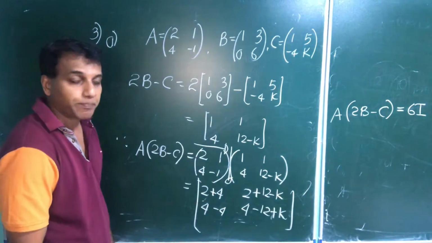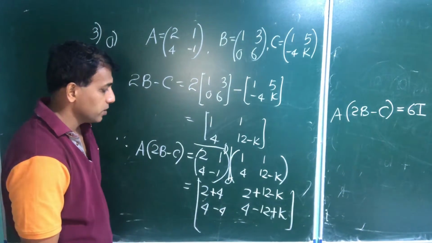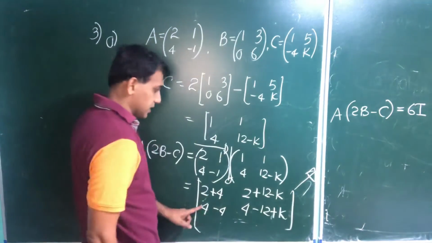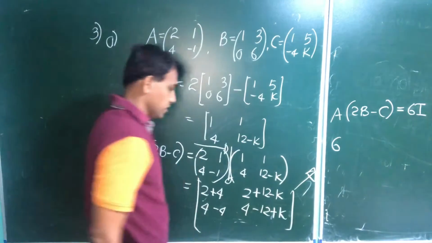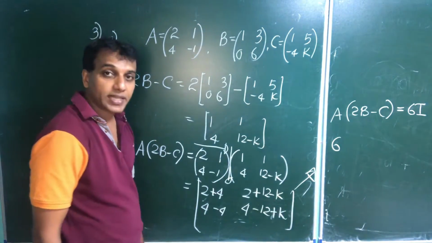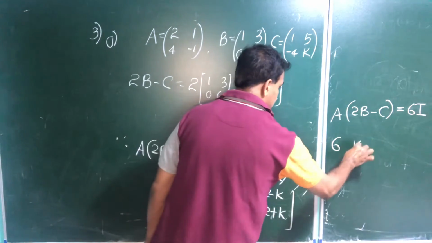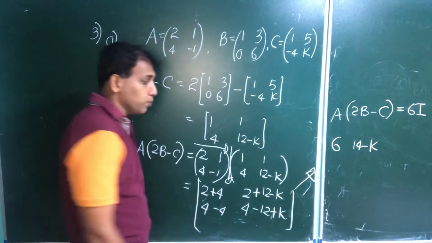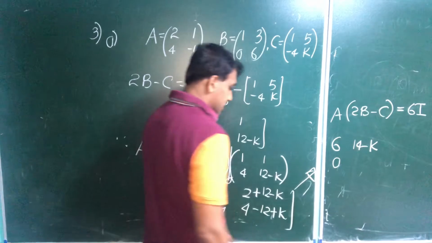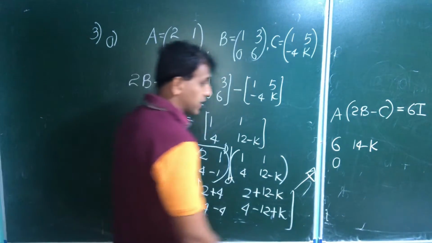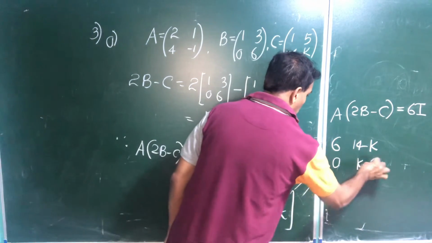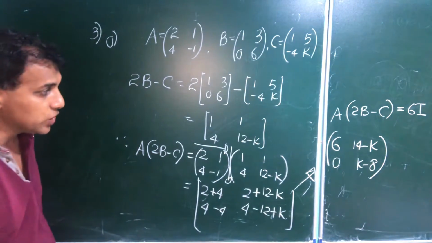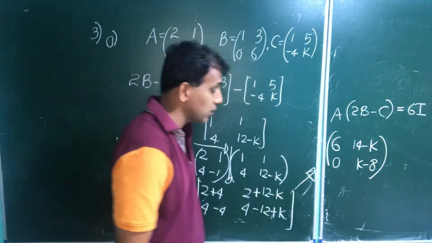And simplify. Therefore finally the answer is 6, here 14 minus K, right? Here 0. The other one is K minus 8, or minus 8 plus K. This is the answer, A into 2B minus C, right?